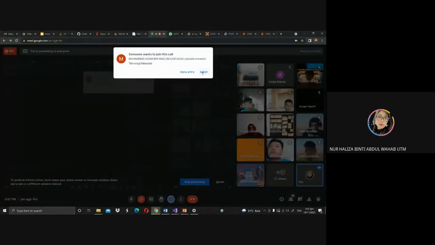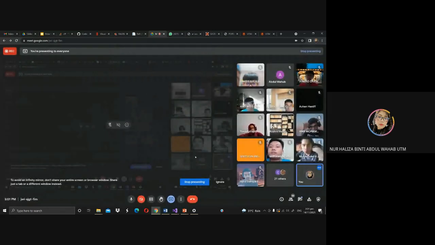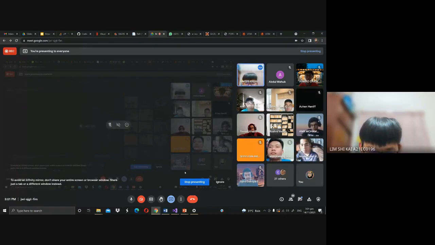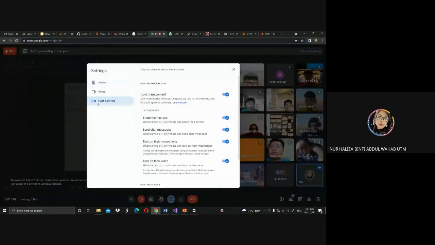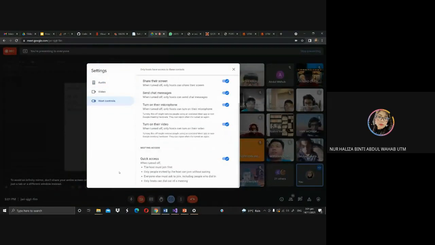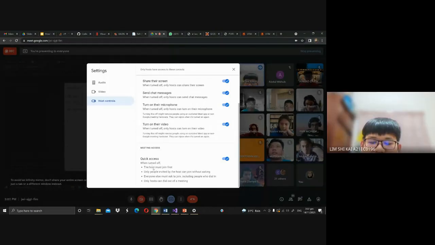Anyone, can you help me Google how to automatically accept people to join the Google Meet? Later, I will send you an extension. Try over here. There is a setting you can see, Host control. I already clicked this one. If you close it, you need to accept all, whether it's using a UTM account or not.